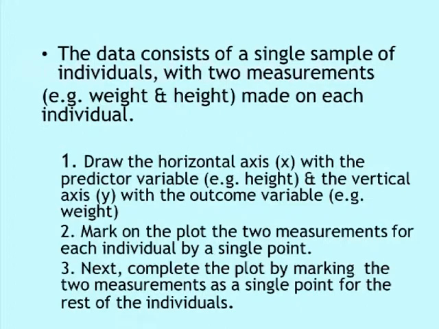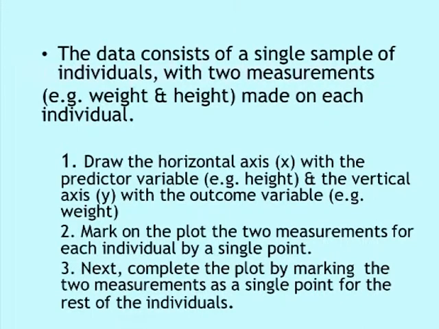If you have data containing one sample of individuals, so you have a group of individuals and you measure in each of the individuals in the group weight and height, and you want to compare the weights and heights of each individual in that particular group, we can plot a scatter diagram to depict the same. And how do we do it?